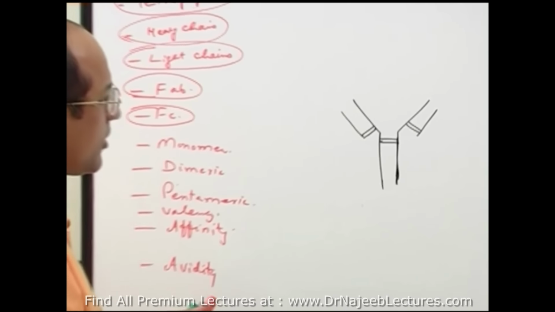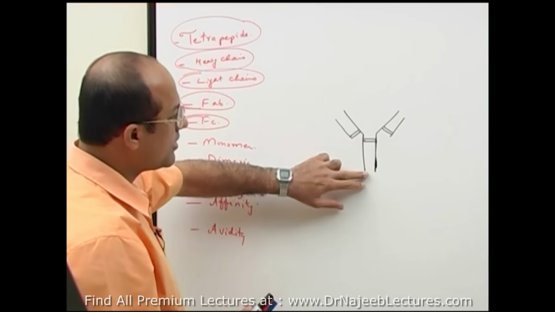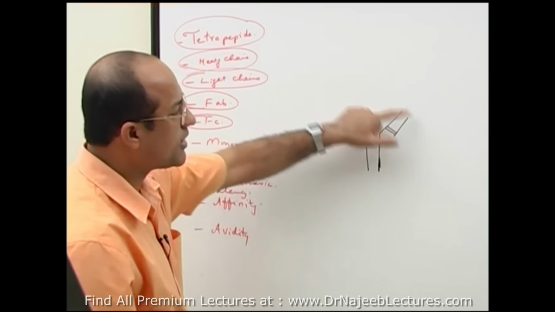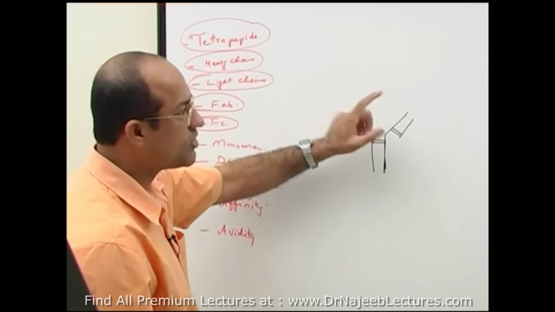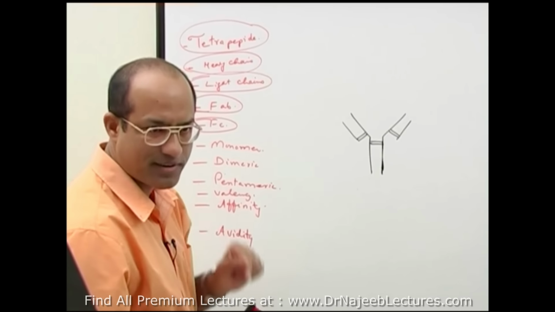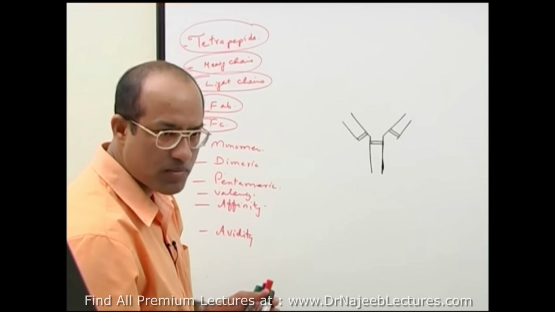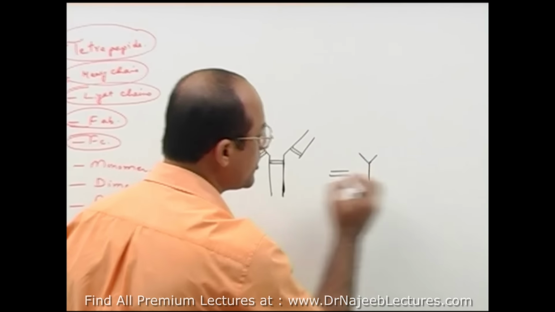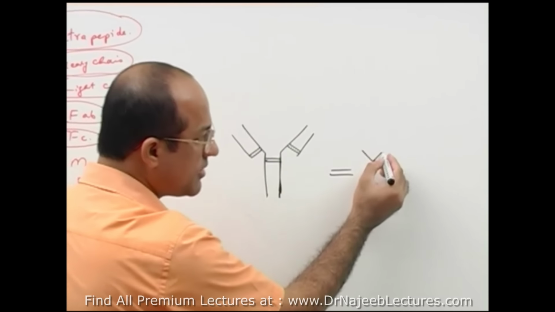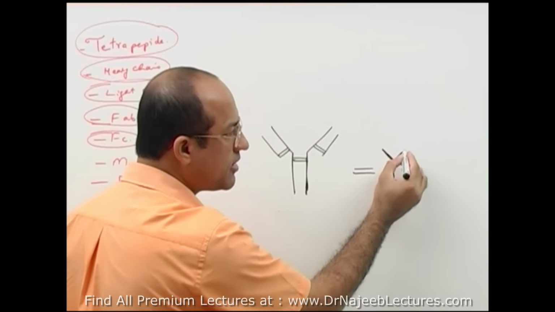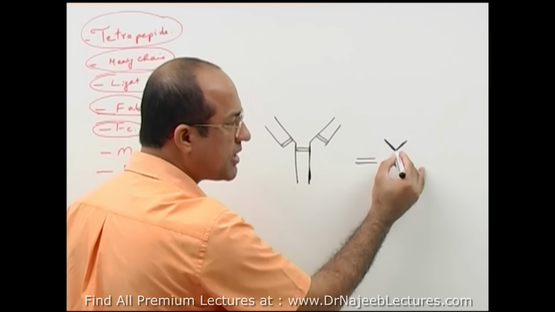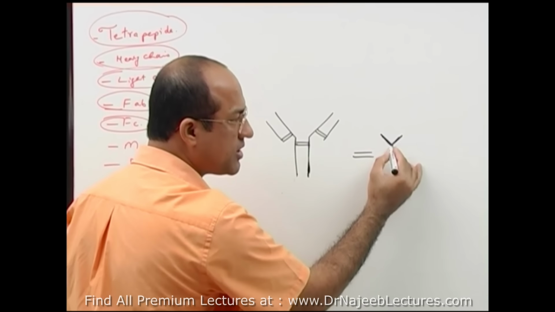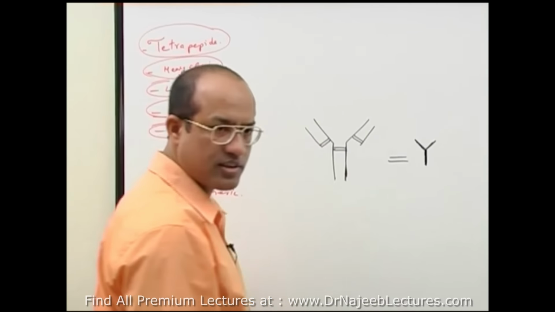Now, actually, this whole tetrapeptide is considered one monomer. This is considered one monomer, and in simple diagrams, it is shown like this. Actually, these arms of the Y represent FAB fragments, and this stem of the Y represents the FC fragment.